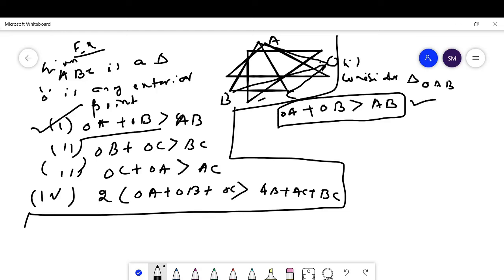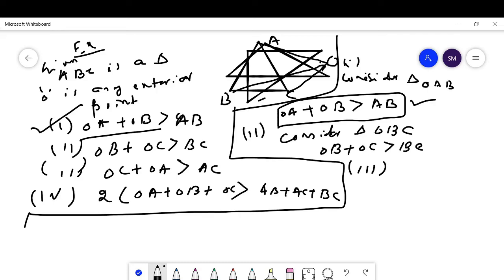Then the second condition says consider triangle OBC. Then by the triangle inequality property, OB plus OC is greater than BC. Then third condition, consider the triangle OAC.